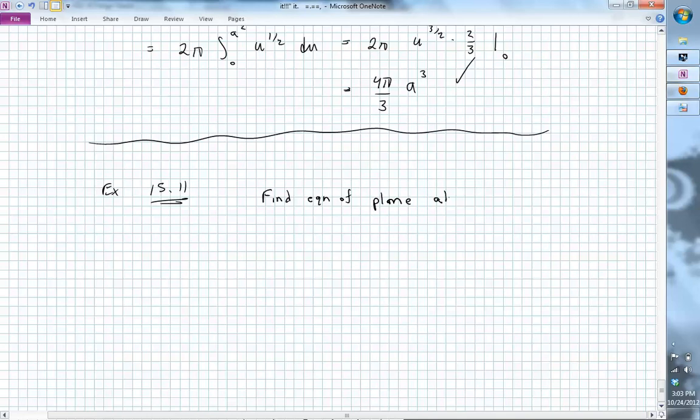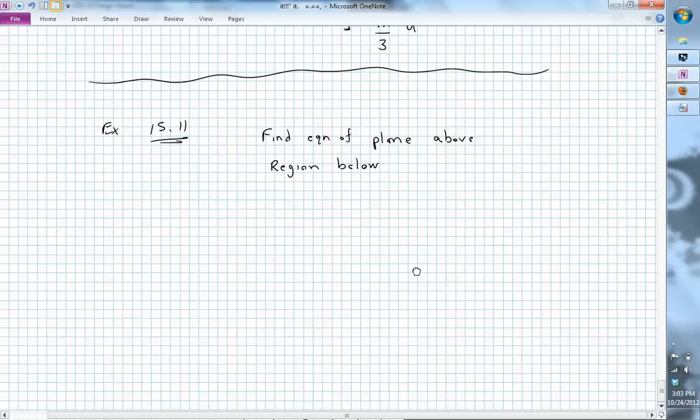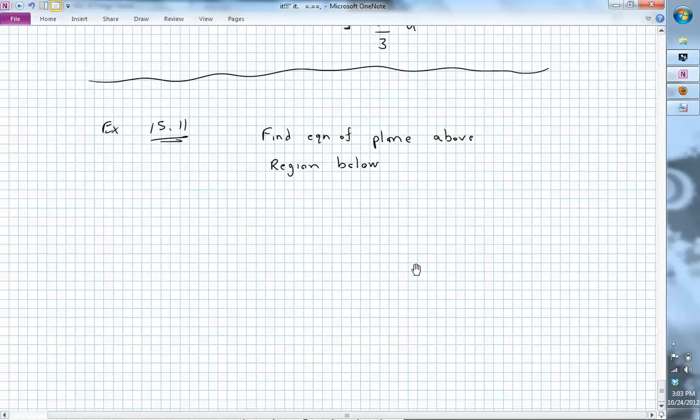And the region below. If we find the equation of that plane above, then z is going to go from where to where? 0 up to the equation, whatever that is. And then once I do that, the rest of it is just describing this region in the xy plane.